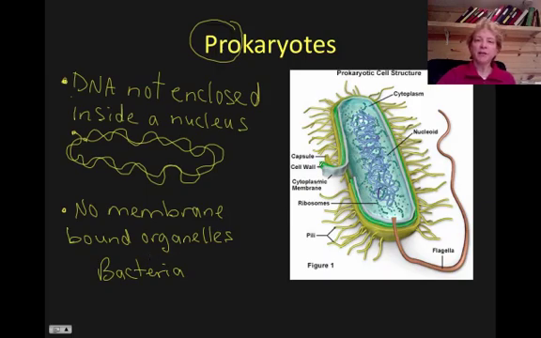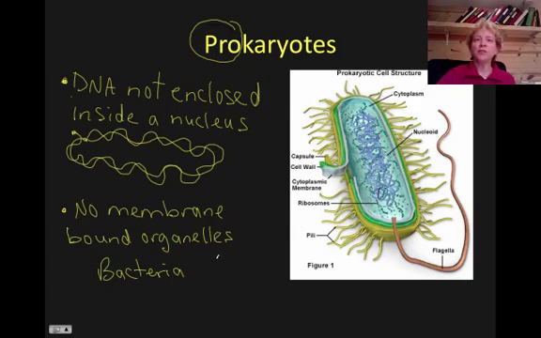And they still have a cell membrane. They have a cell wall. Some bacteria have what's called a capsule. They tend to have flagella that's used for movement. Some can also have what's called cilia for movement. And then you'll also notice these other hair-like projections coming out here called pili.